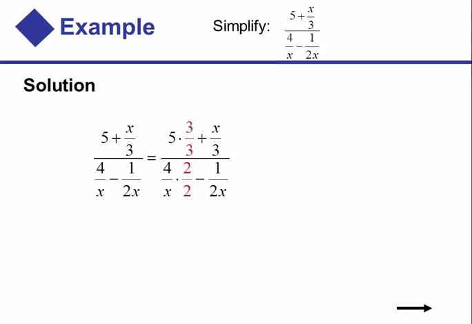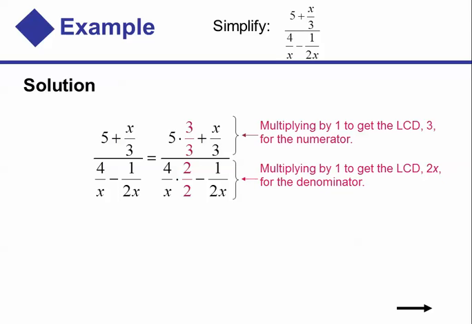And in the denominator, you'll see that our common denominator is 2x. So we'll have to multiply the first rational expression, 4 over x, by 2 over 2, so that that denominator is 2x. Okay? So that's all we're doing is multiplying by a convenient version of 1 to get the LCD.